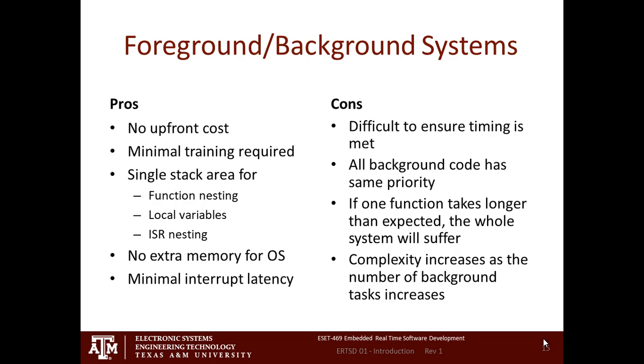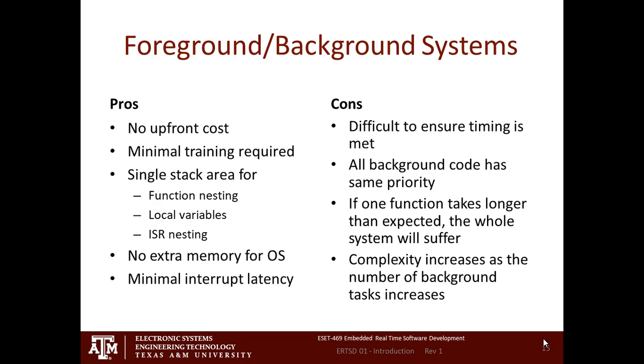Okay, so again, foreground background systems. You don't have to buy anybody's library to do a foreground background system, right? Not hard to learn how to do it, although there are some tricks to writing interrupt subroutines well. It's pretty straightforward still. You only have a single stack. And since you haven't done an RTOS before, you're going to say, why in the heck would you have more than one stack?